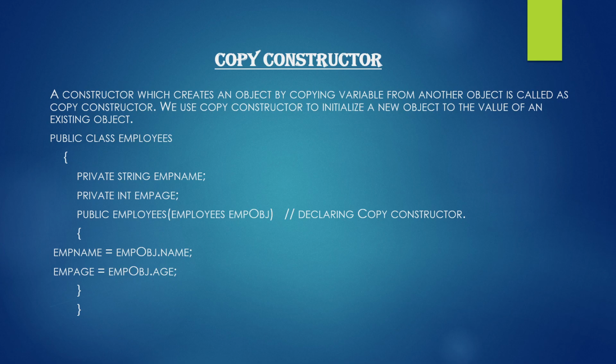Here we have declared two private variables, string employeeName and integer empAge. And here we declare the copy constructor public Employees, and in this constructor I am passing the object of the same class, that is the Employees class. So we can use a copy constructor as per our requirement.